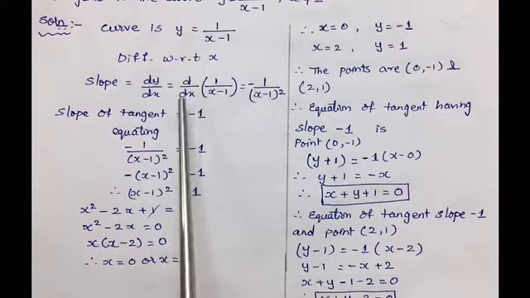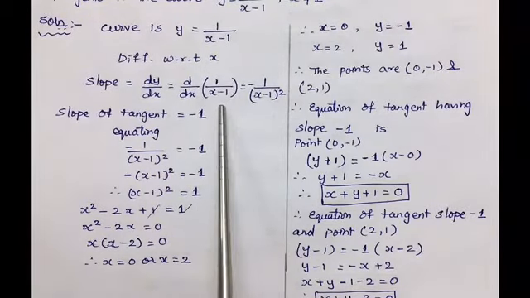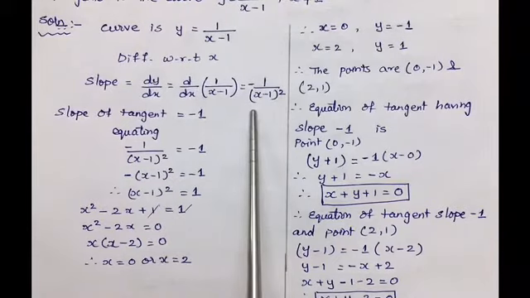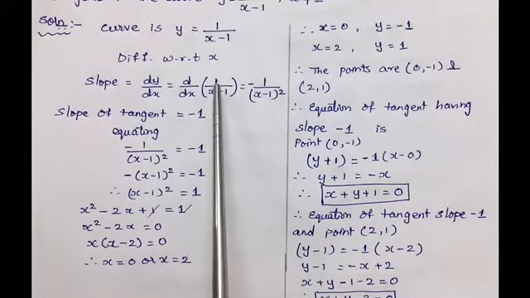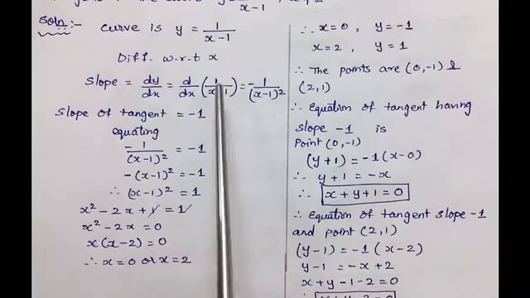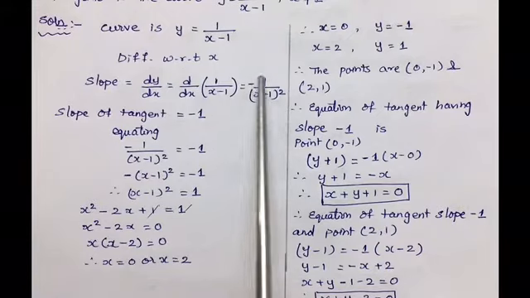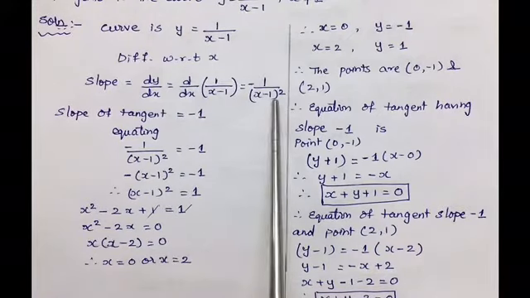Now we know the derivative of 1 by x. 1 upon x derivative is minus 1 upon x square. Hence, when we calculate the derivative of 1 upon x minus 1, it becomes minus 1 upon x minus 1 whole square.